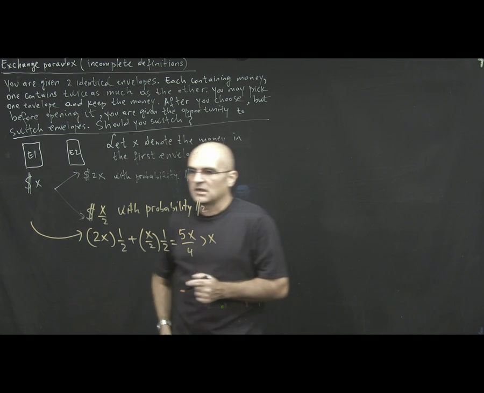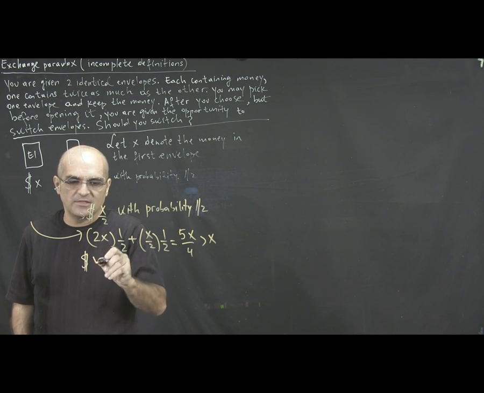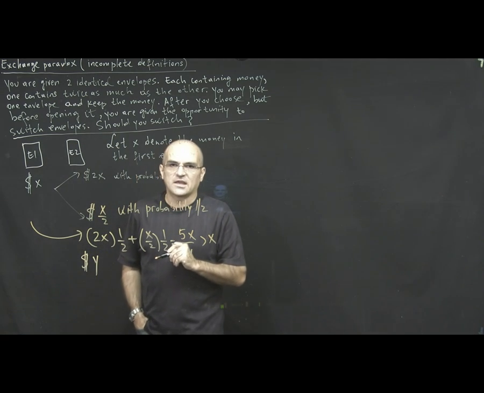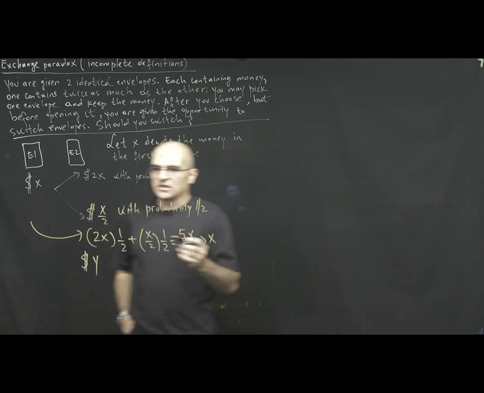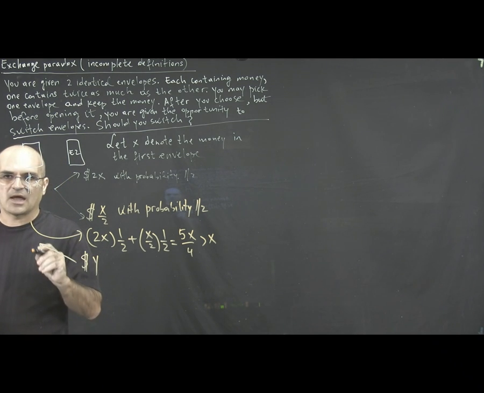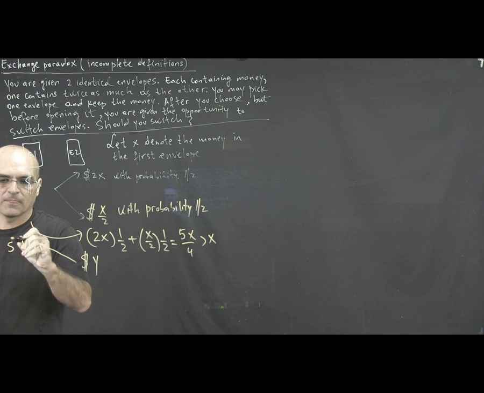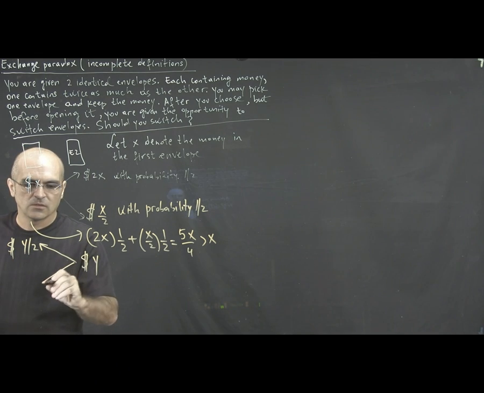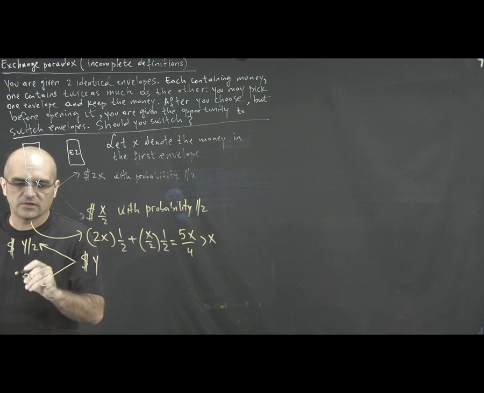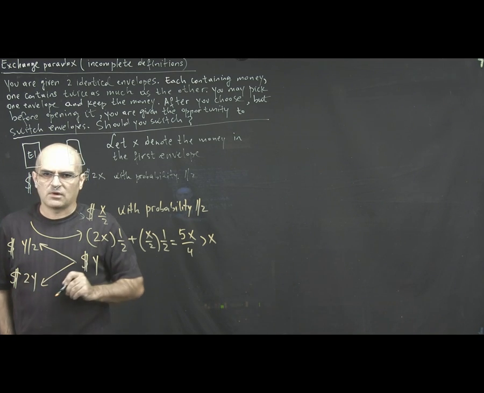I could say, okay, well, let y dollars be the amount of money in the second envelope. And then, of course, with equal probability, in the first envelope now, I have either half the amount of dollars, y over 2, or I could have twice the amount of dollars, that's 2y, again with probability 1 over 2.